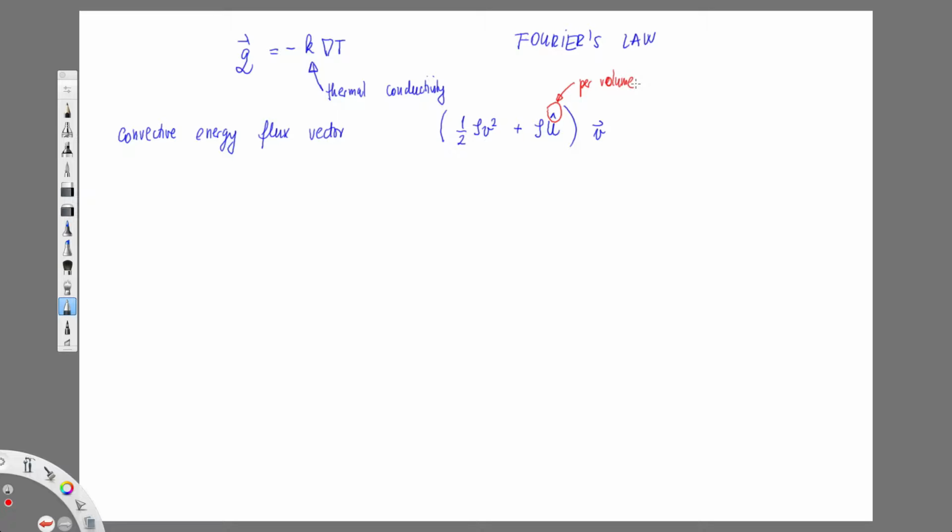And now if I was interested in watching my control volume, whatever that control volume might be, how do I quantify, if this is my energy flux vector, what flows in through the surface of that volume? How do we do that in general? Divergence will have something to do with it, but I have to have a dot product with the normal.